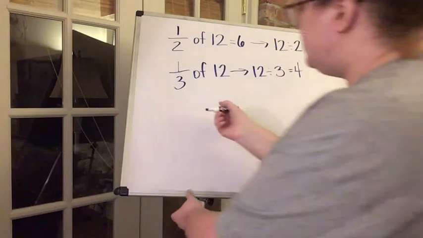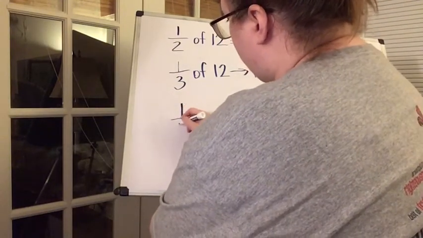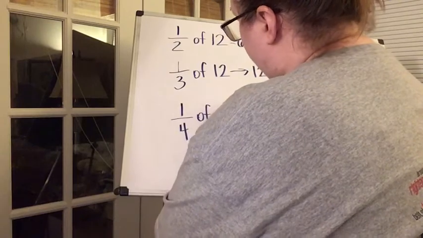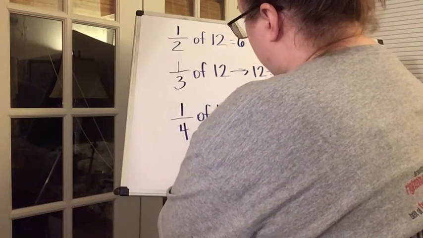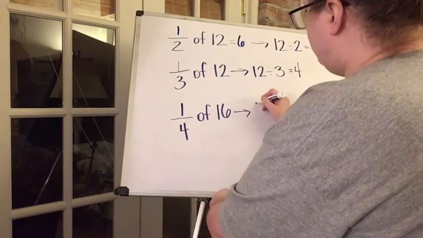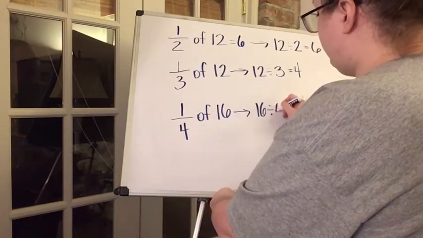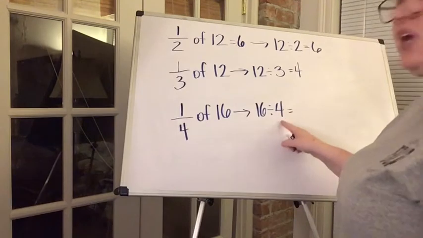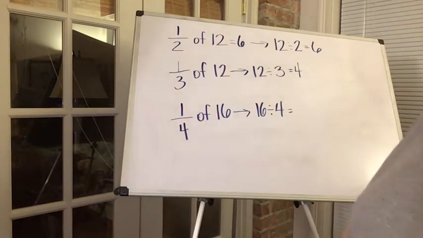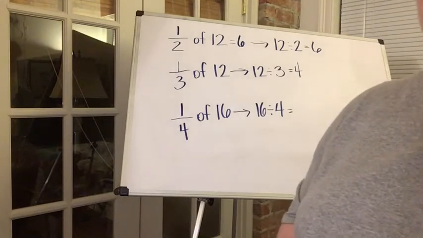Okay, let's do the same thing with the fourth. Let's do a fourth of 16. Oops, my hands are getting all dirty. That's the same as 16 divided by 4. That means we got to count by 4s to get to 16. Do you remember from last week how to count by 4s?